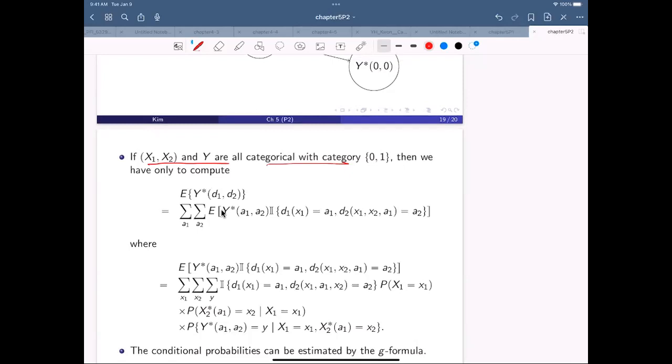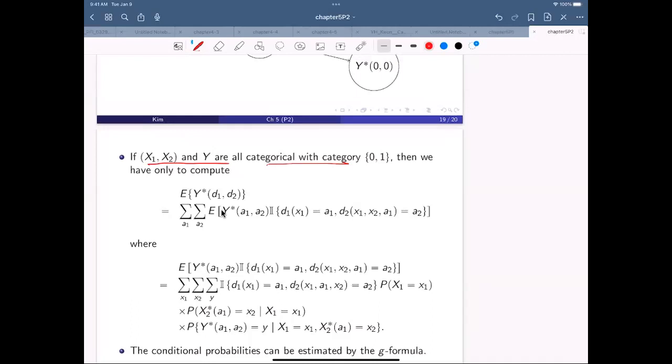So your indicator function for a given A1 and A2, for each path A1, A2, is a kind of a regime for this choice. And then basically your original potential outcome is expressed in terms of the A's, right? So that's why you can write it this way.